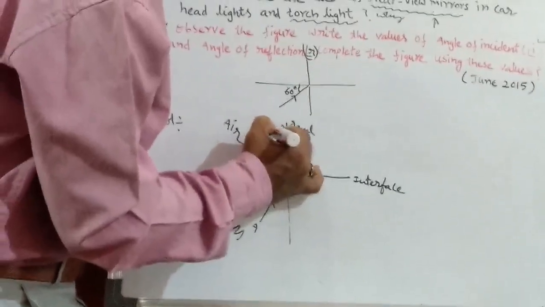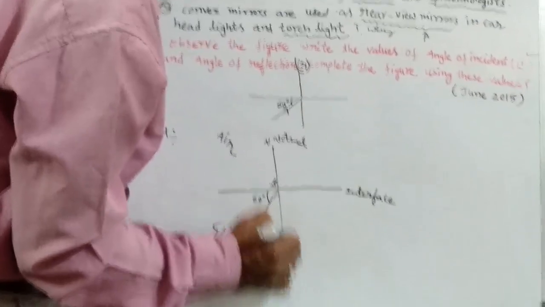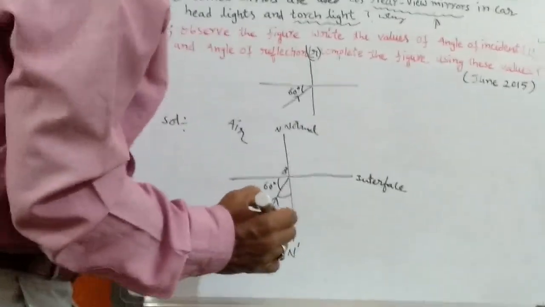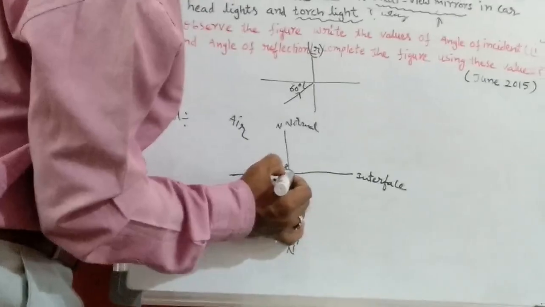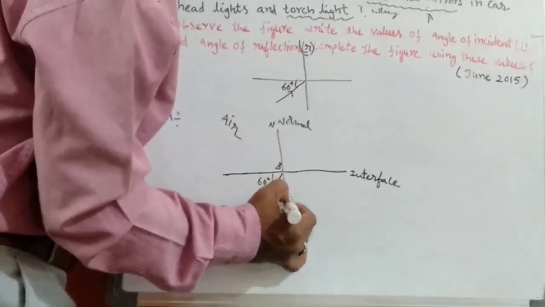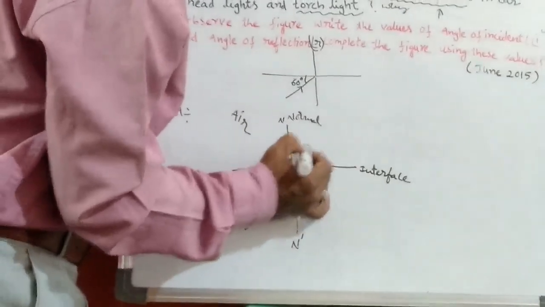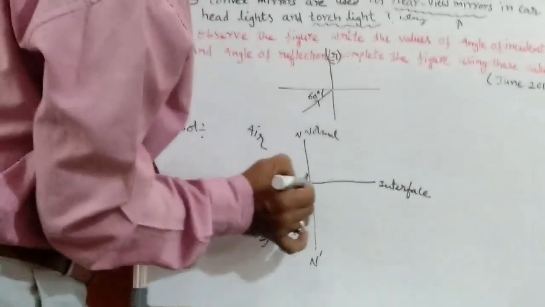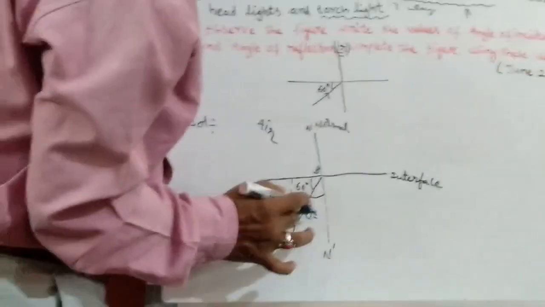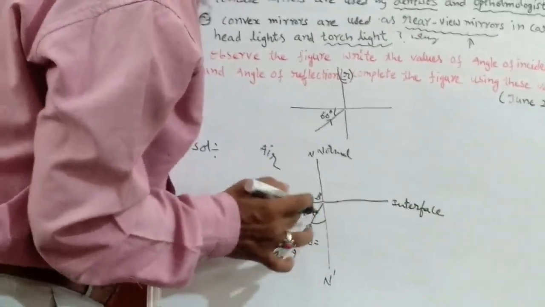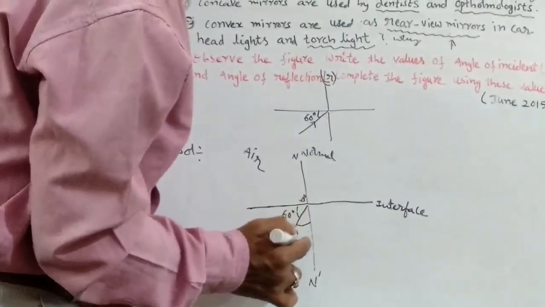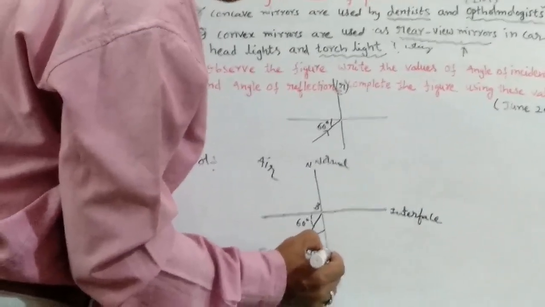This is the normal line, let it be NN dash. From the interface it is 60 degrees, and from the interface to the normal line it is 90 degrees, because the normal is perpendicular to it. So angle I is 90 minus 60, that is 30 degrees.